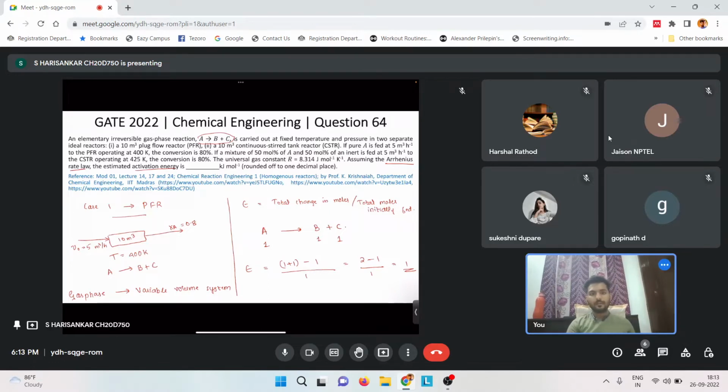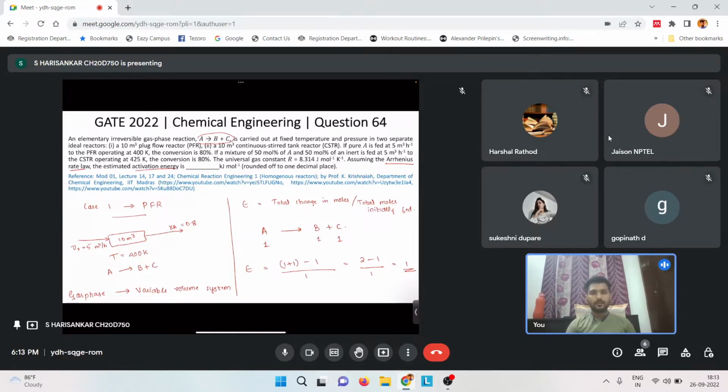So how we can proceed is by looking at the data that they have given. There are two cases, and they have given us a lot of data to find the activation energy for two different temperatures. You can apply this to other questions where they have asked you to apply Arrhenius or any other theories for temperature dependency, like the transition state theory or collision theory.